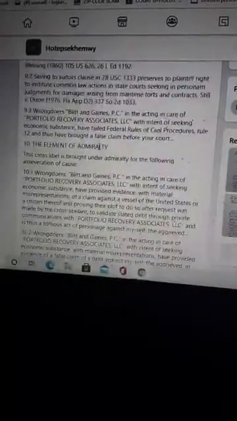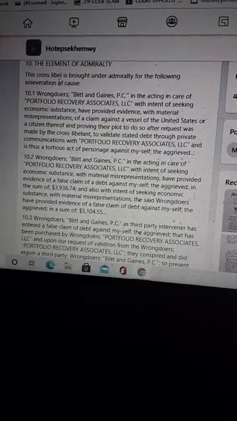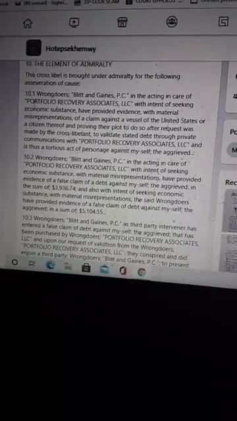This is the way I wrote this up, and this is actually pretty simple, even though it looks kind of long. But this is our claim in rebuttal of what they're claiming through the credit collection.